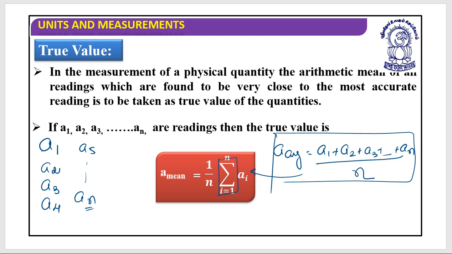Do you know the meaning of this symbol? It's a summation. We call it sigma. So I can write: average value or mean value is equal to 1 by n, sigma Ai, where i goes from 1 to n. This will give me a true value.